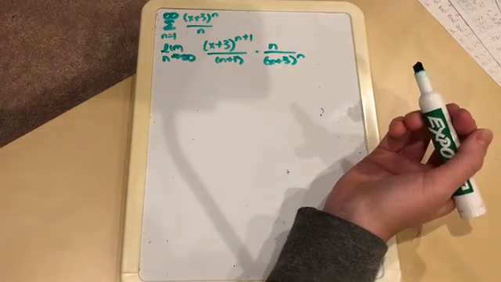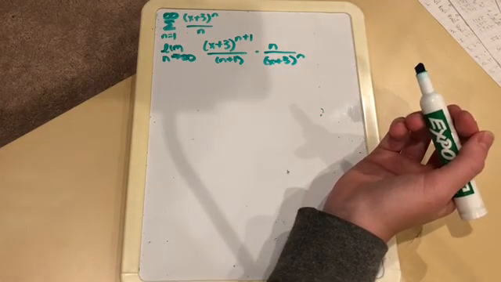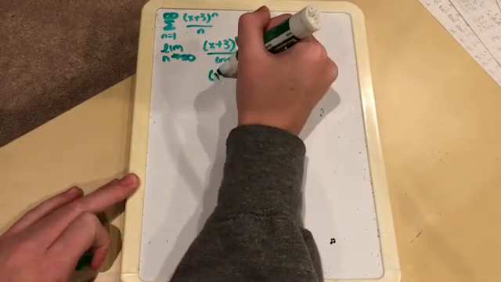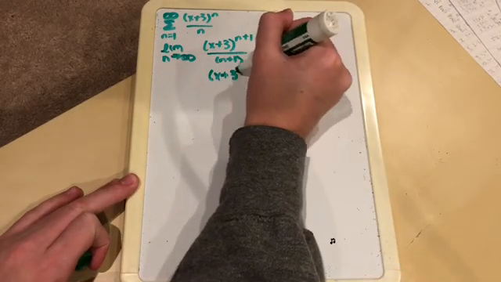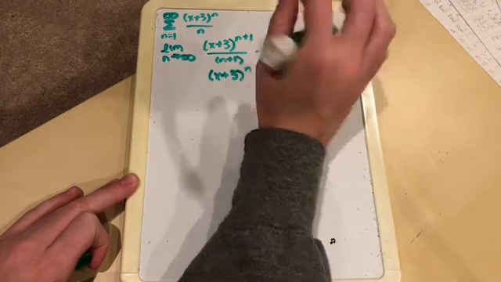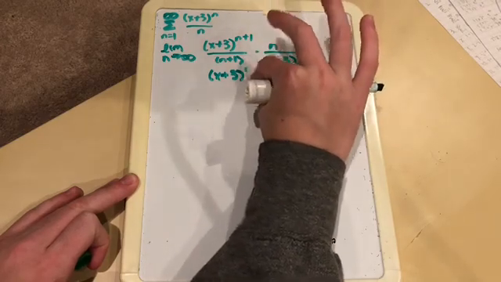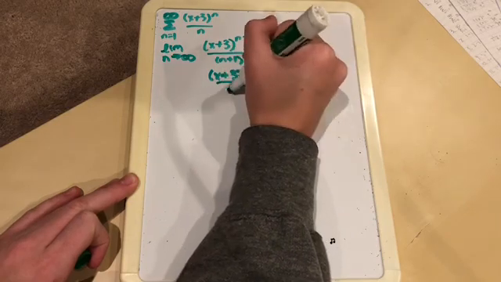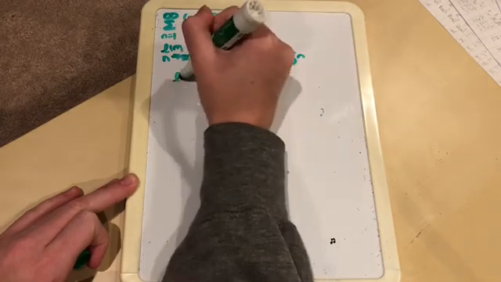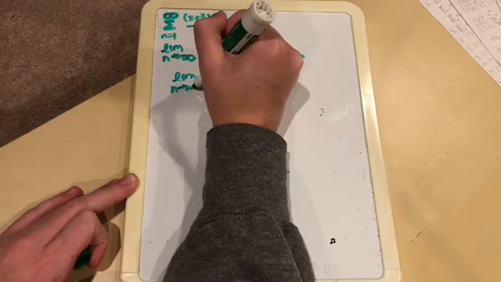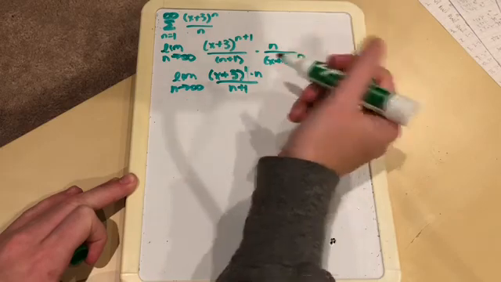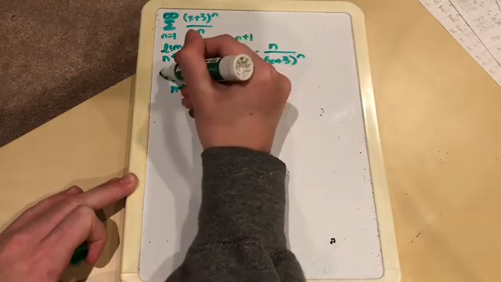From there, this cancels out into an (x+3) to the first. Oops, sorry, that needs to be 1. (x+3) to the first times n over n+1, still the limit as n approaches infinity. And so from here, you can take this x value out.